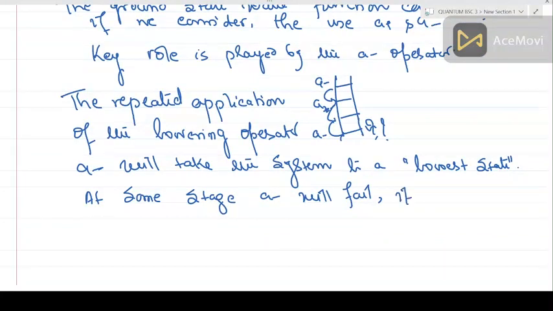What does this mean? Fail is not a negative statement.